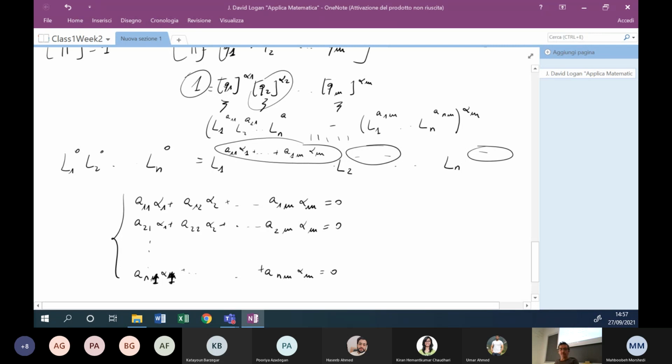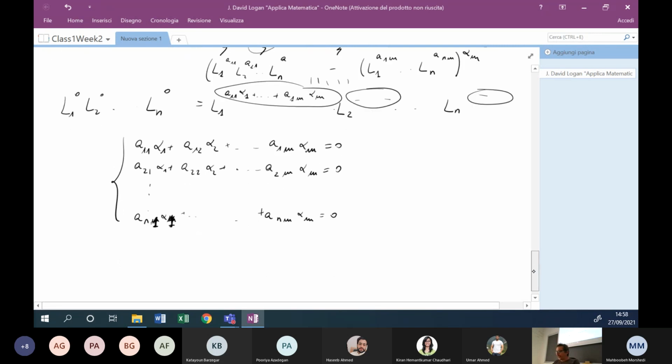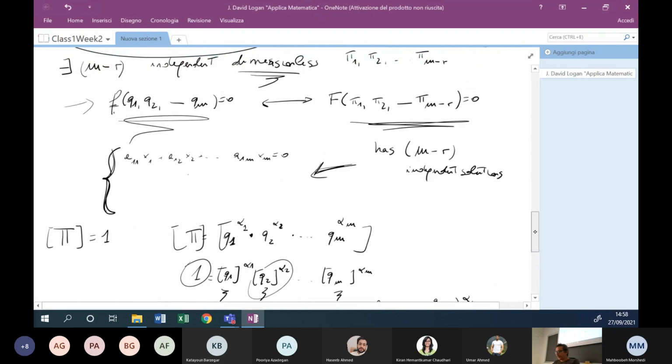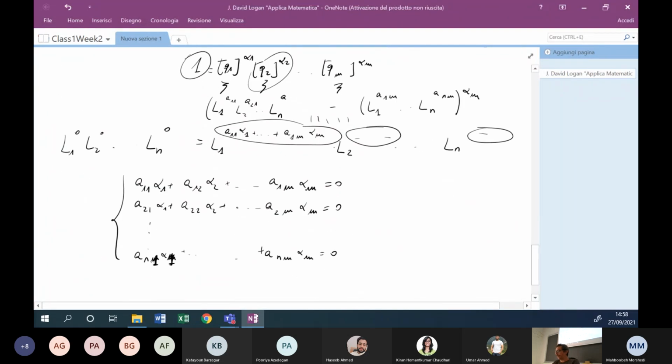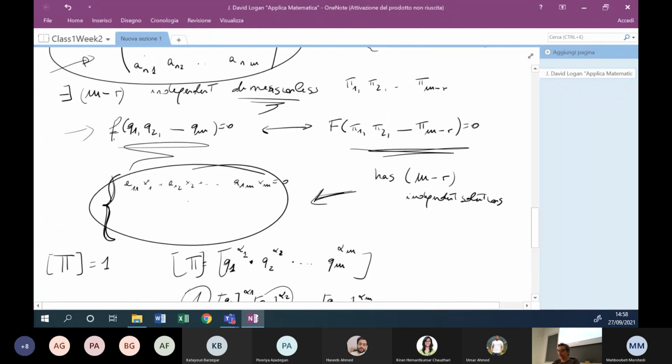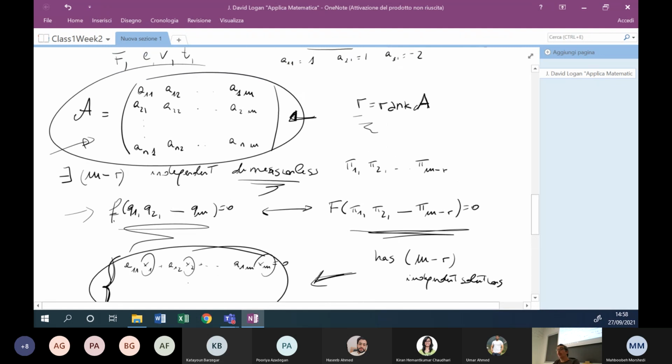system. Now this system, well, that's exactly this system here, where alpha 1, alpha 2, and alpha M are taking the roles of x1, x2, and xn. And remember that this system here is basically the system whose matrix of coefficients is the matrix A, my starting matrix.